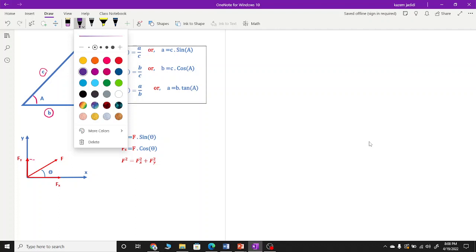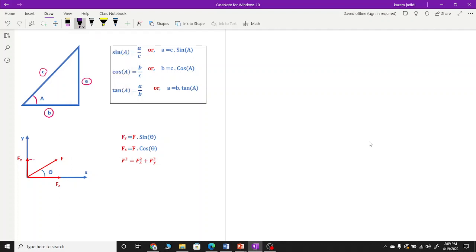From trigonometry, I can say sine of angle A is equal to the opposite side to that angle, which is A, divided by the hypotenuse.